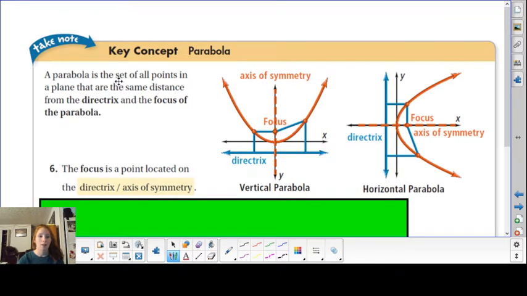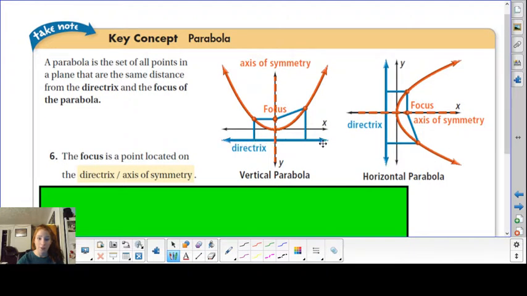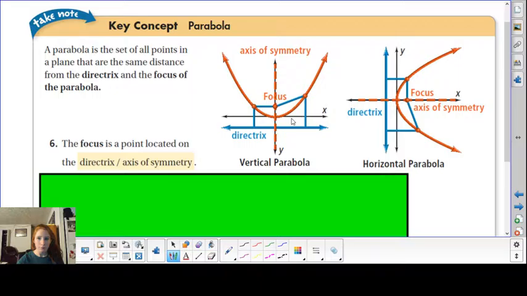Okay, so the parabola is a set of all points in a plane that are the same distance from the directrix and the focus of a parabola. So the directrix is essentially a straight line compared to my focus. We can have our graph going up and down, a vertical parabola, or I can have a horizontal one, which is going left to right.